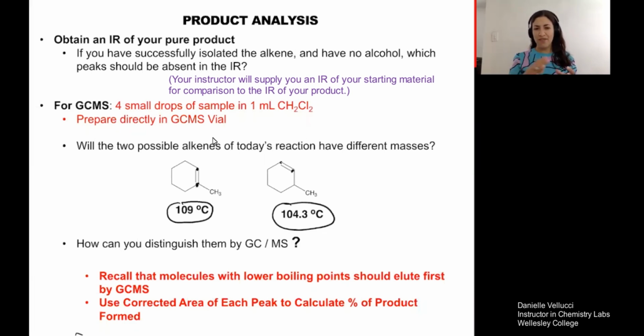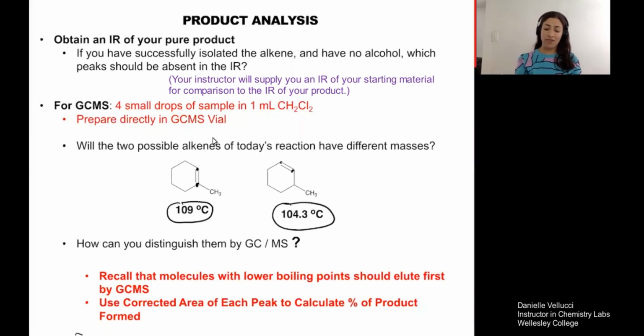We said that given our distillation apparatus, we typically don't have great success separating mixtures that only have a 5-degree boiling point difference. So we would expect both of these products to have been isolated in our flask as they formed during the reaction.